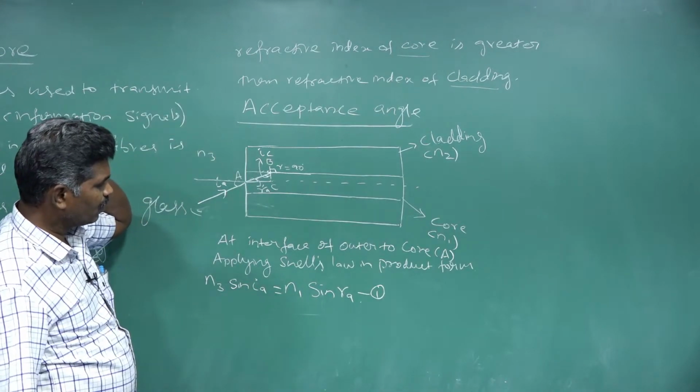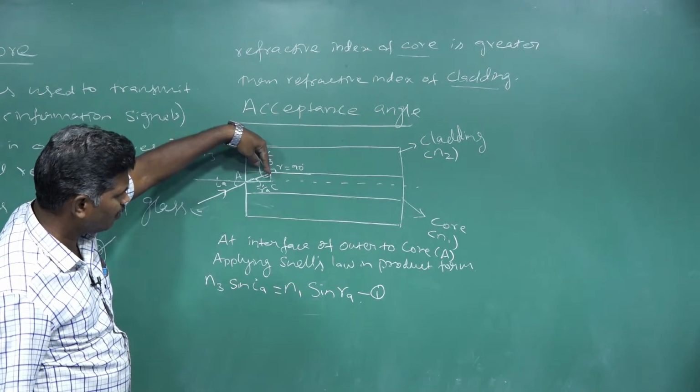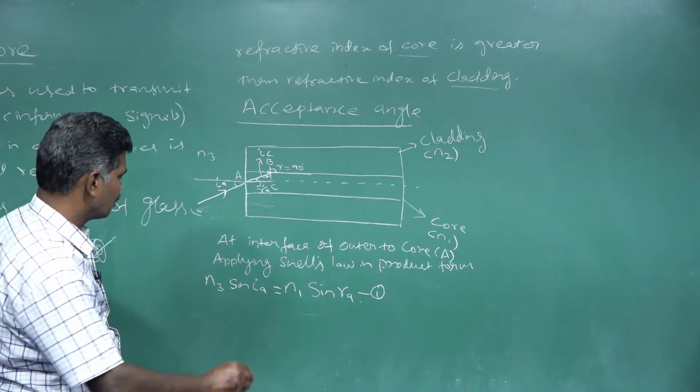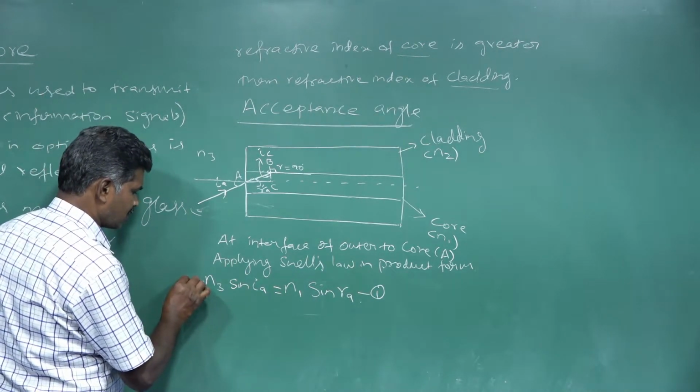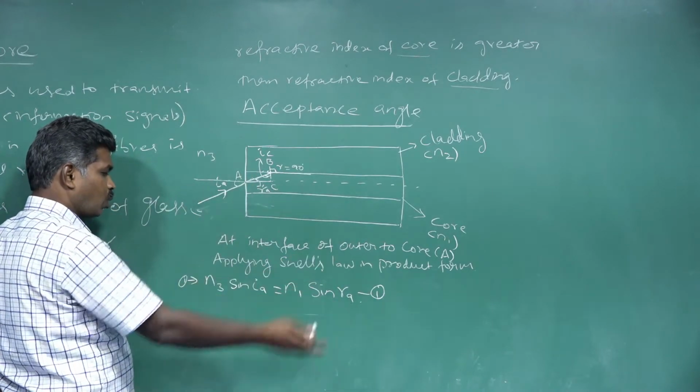Similarly, we apply Snell's law in product form at the interface of core to cladding. We applied equation 1 at outer to core.